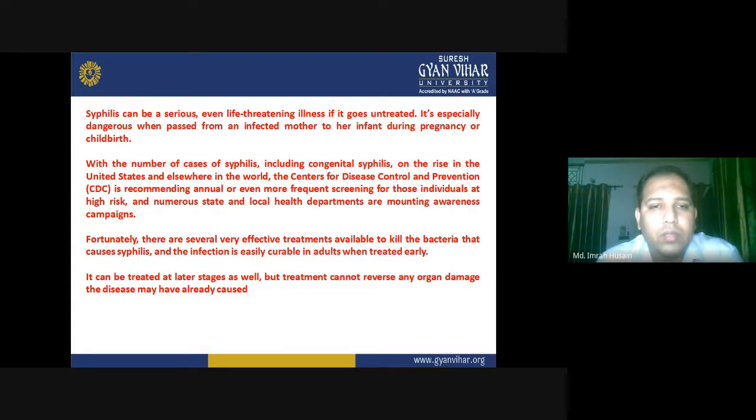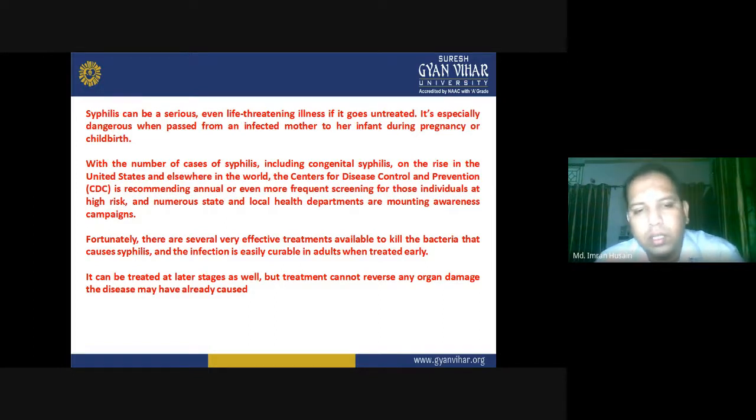With the number of cases of syphilis, including congenital syphilis, on the rise in the United States and elsewhere in the world, the Centers for Disease Control and Prevention is recommending annual or even more frequent screening for those individuals at high risk. And numerous states and local health departments are mounting awareness campaigns.